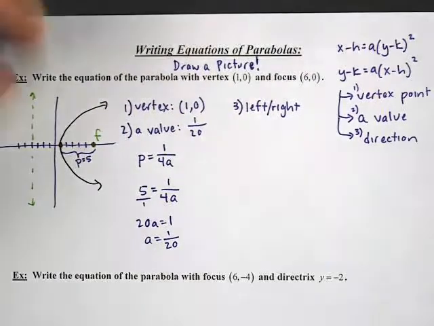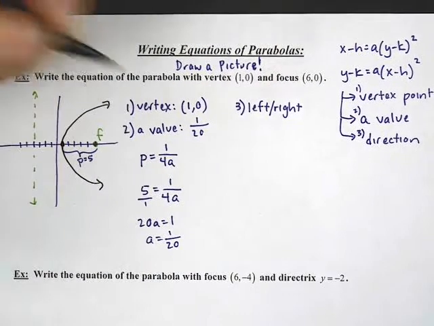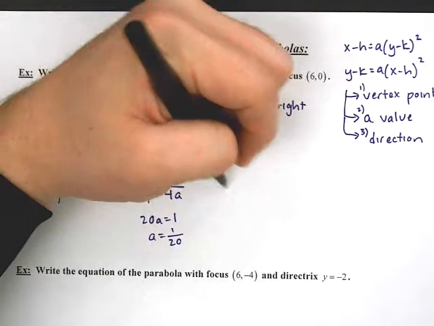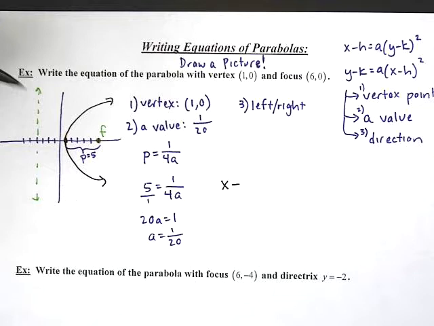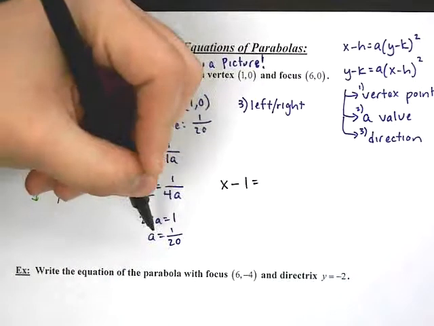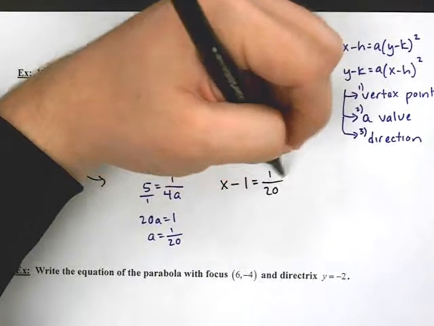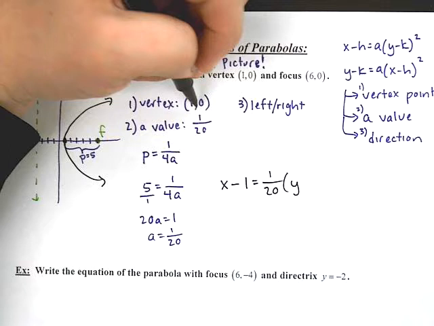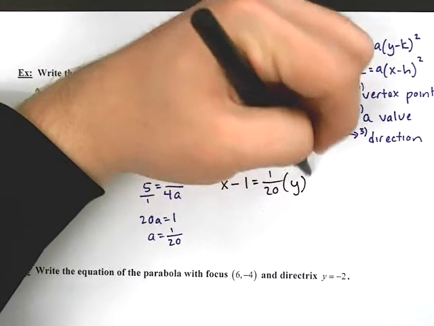Okay, so now I'm ready. If I'm going left, right, I know I'm going to use x minus whatever that vertex point is. So I'm going to say x minus 1 equals, I have my a value, 1/20, and then I should just have y minus nothing, so y squared.